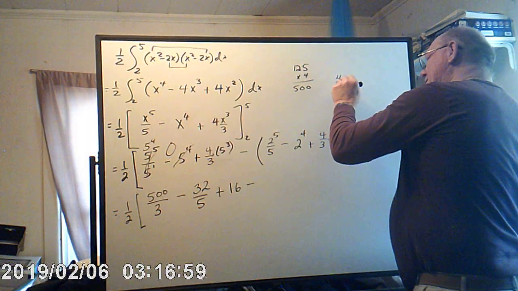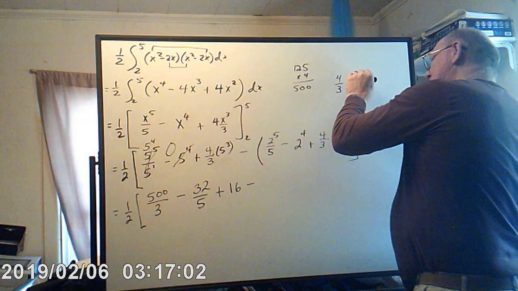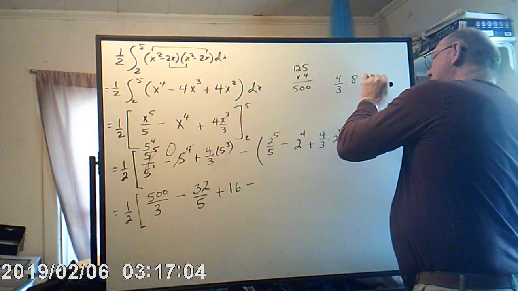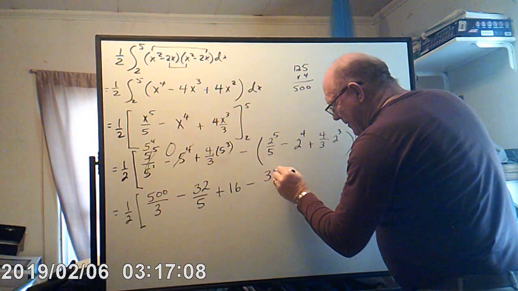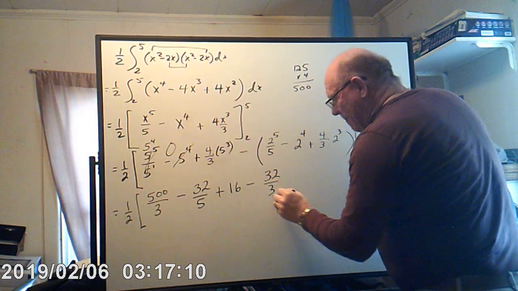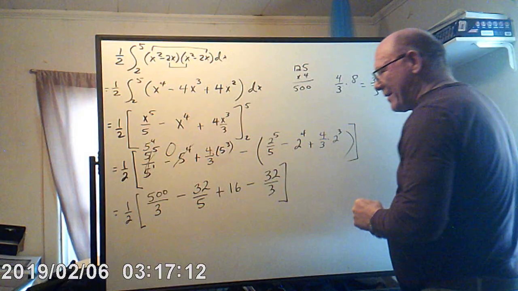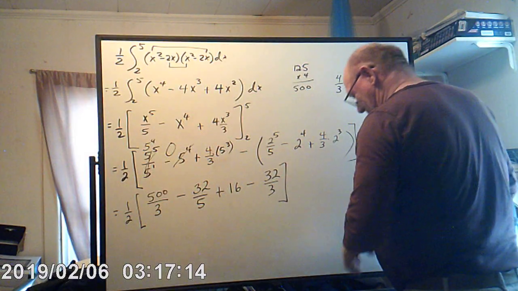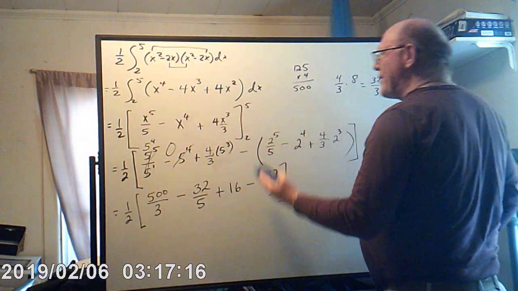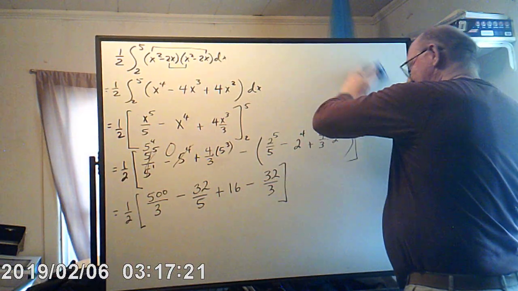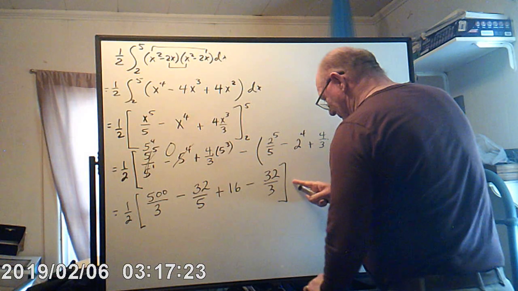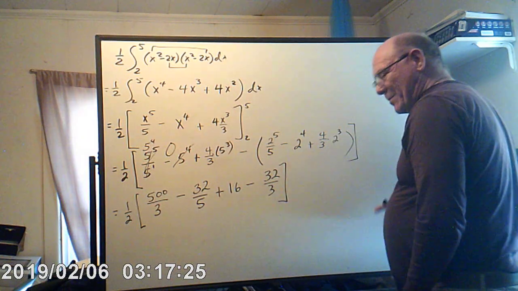Now, 4/3 times 8 is 32 over 3. Alright, I remember that being there. 32 over 3. I'm not sure that once you get here you're done, but we're going to go ahead and finish it off. They came up with an answer on the answer sheet, so you can put units per, I want to say it's units per second.